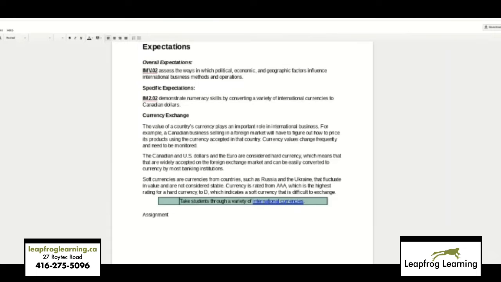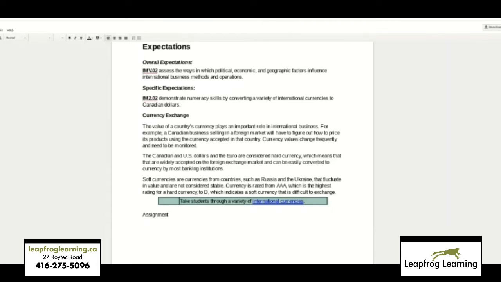But then we have other currencies known as soft currencies, like the ruble and the rupee. There are so many examples. In Buenos Aires, in Argentina, the currency fluctuates all the time. They have the Argentinian peso. Those are known as soft currencies.